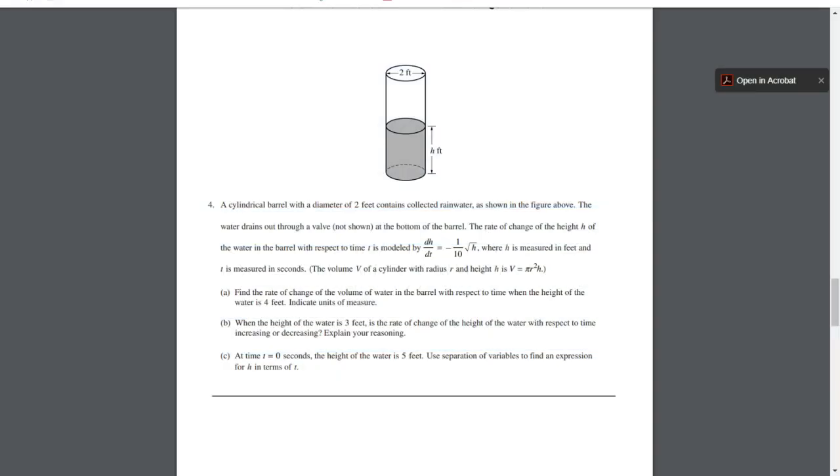B. When the height of the water is 3 feet, is the rate of change of the height of the water with respect to time increasing or decreasing? Explain your reasoning. Just looking at our derivative here, we'll do the intuitive one first, which is not useful, but we'll do it first. As something drains, as h is getting closer to 0, the rate of change is going to go down.